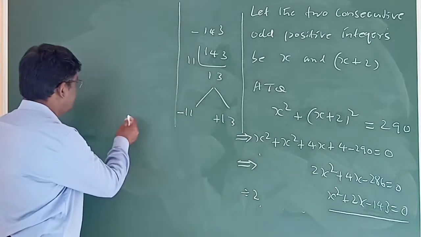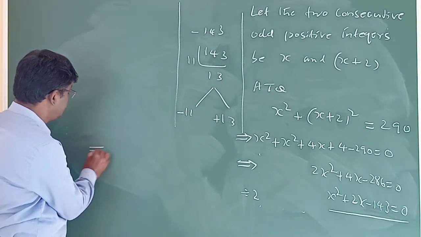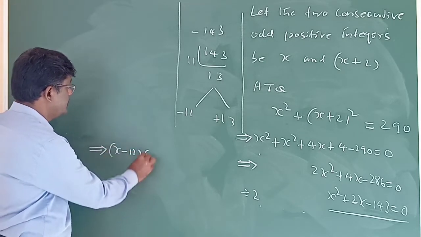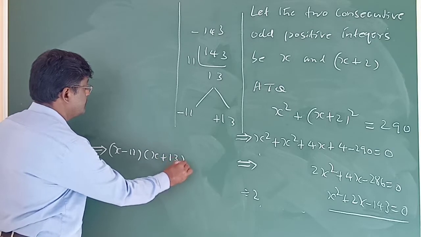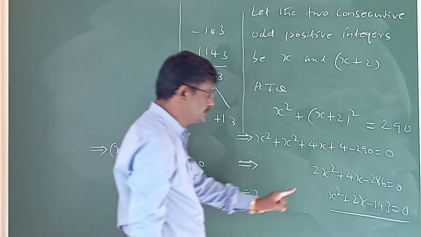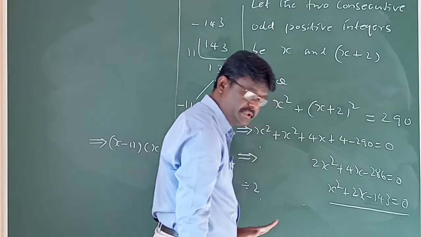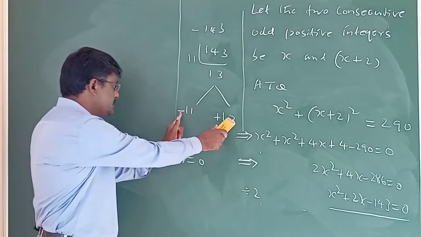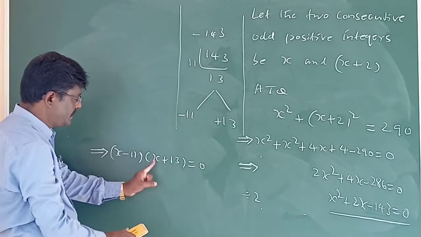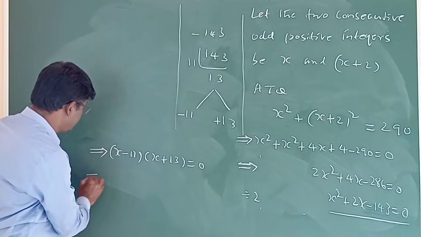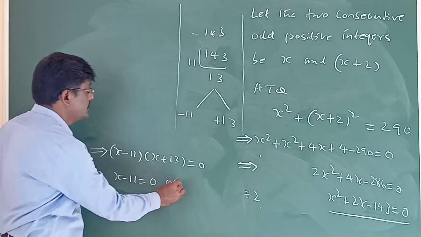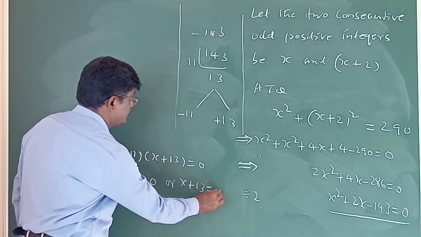Let us write directly: x minus 11 into x plus 13 equal to 0. You know that if the coefficient of the square term is unity, then after knowing the factors, write them in the m into n form, m into n equal to 0. This implies x minus 11 equal to 0 or x plus 13 equal to 0.